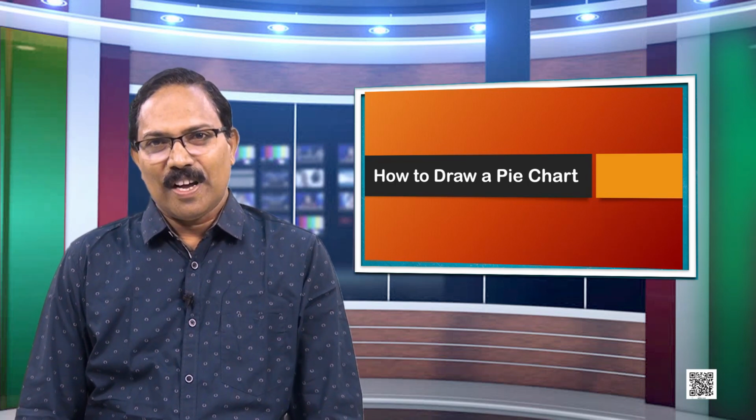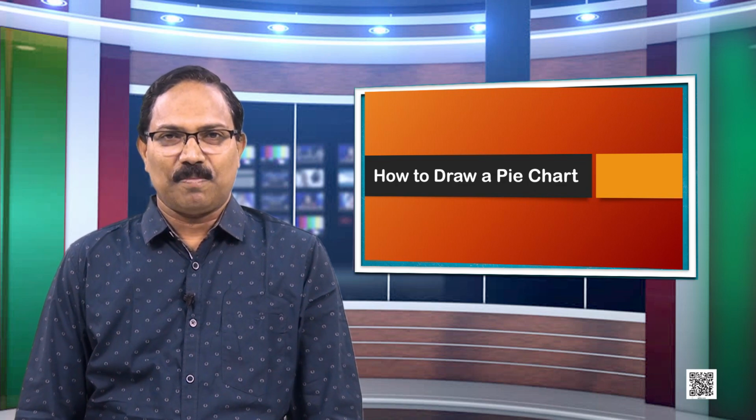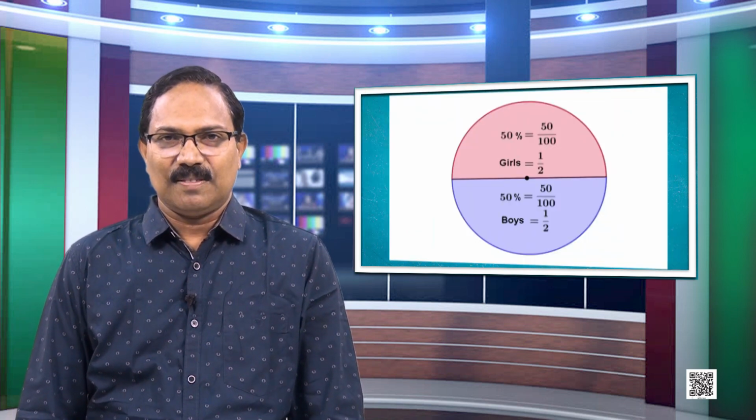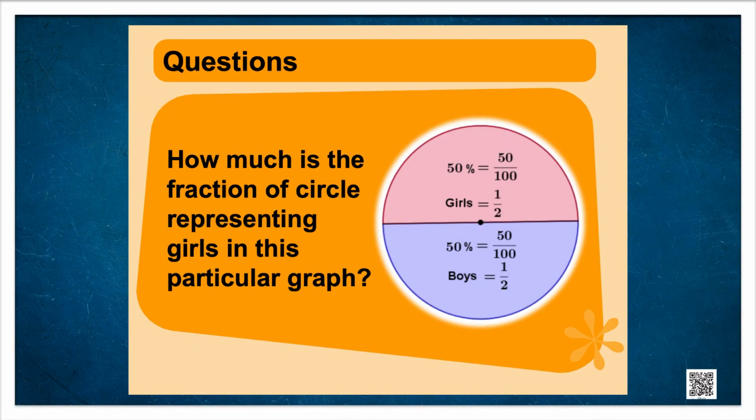In order to draw a pie chart, we need to understand certain aspects. For that, look into the figure given here. How much is the fraction of circle representing girls in this particular graph? Yes, it is half.